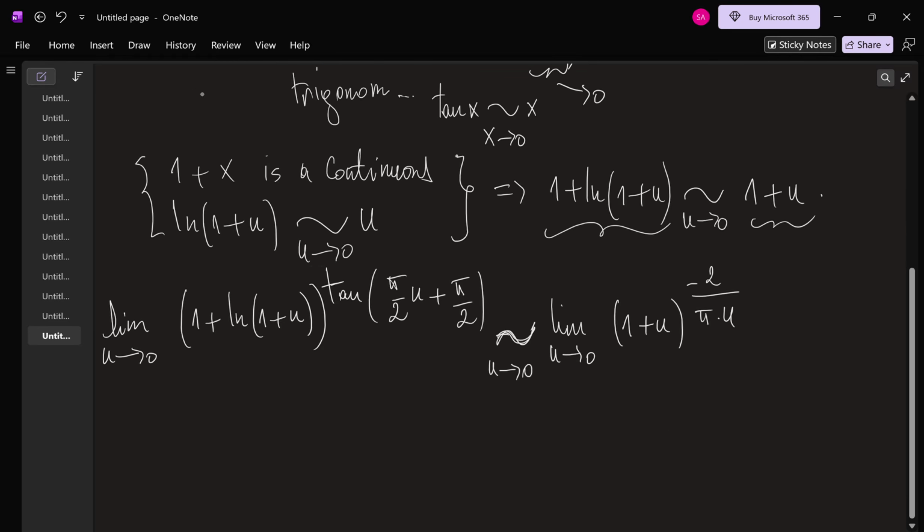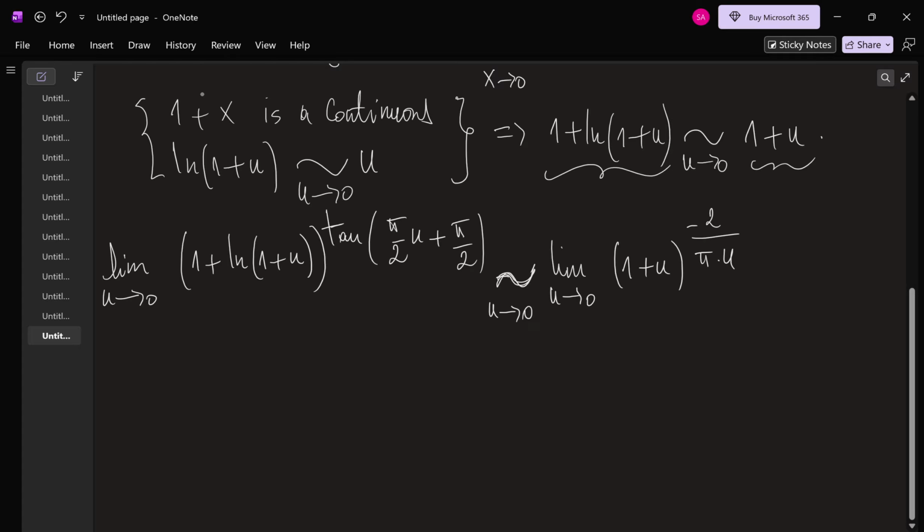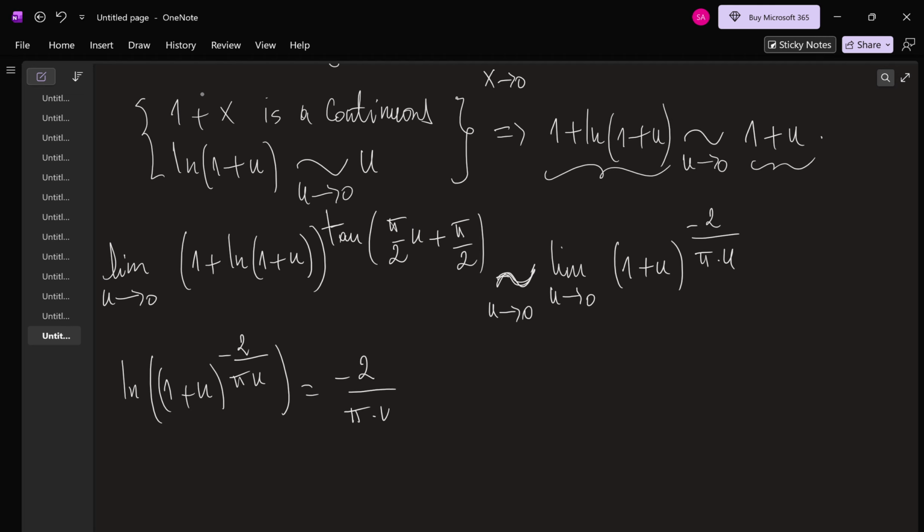And this is simply using the logarithmic functions. So the ln of (1 plus u) all to the power negative 2 over pi u is equal to negative 2 over pi times u times ln of (1 plus u).